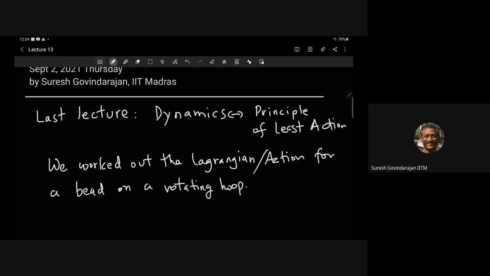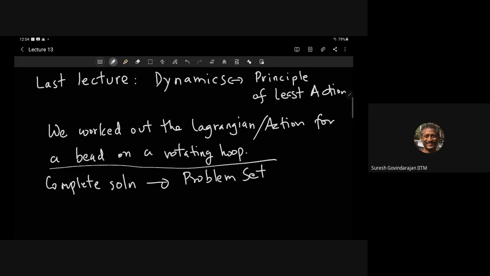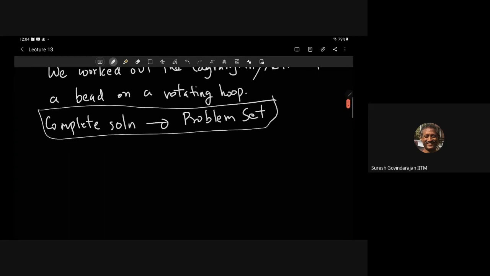Okay, so my original intent was to solve it in today's lecture, but the complete solution will be in problem set 5, the next problem set. It's a beautiful example, and so today we begin a very important topic.